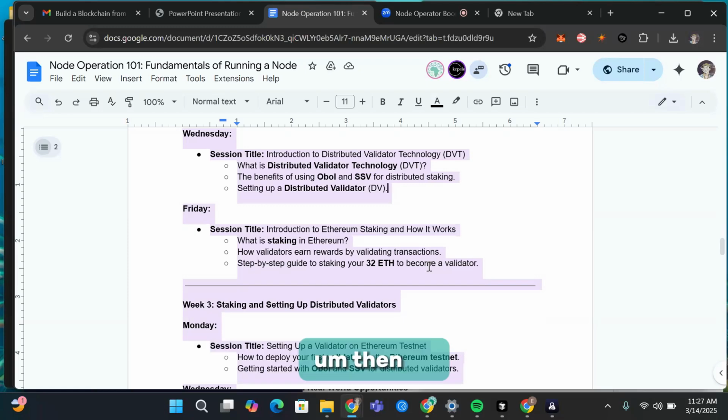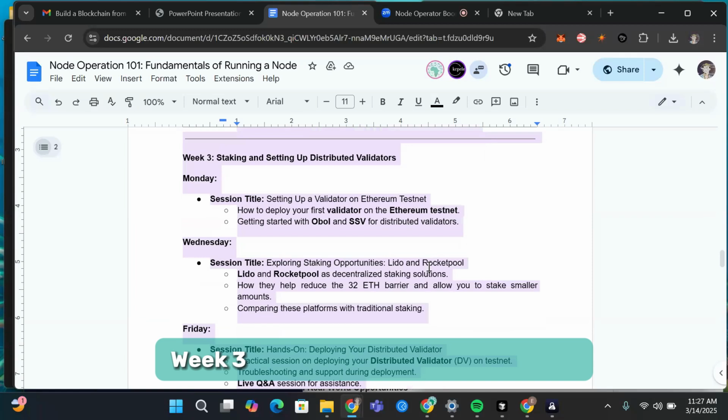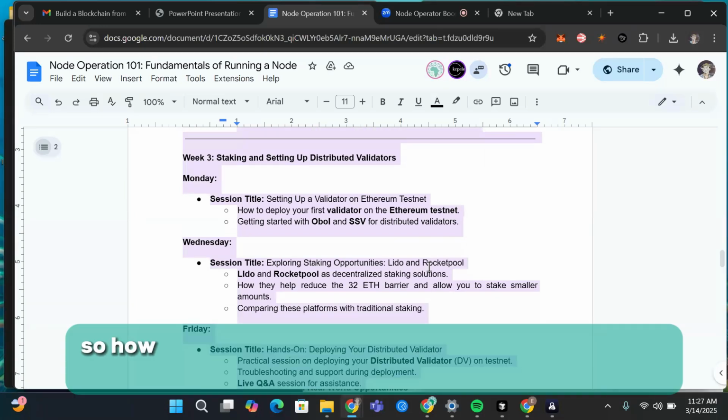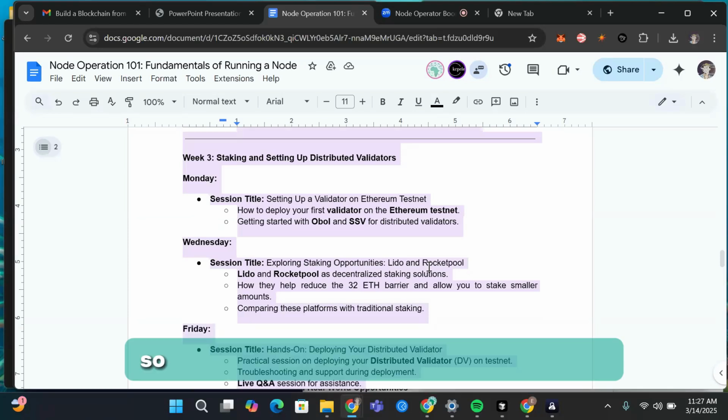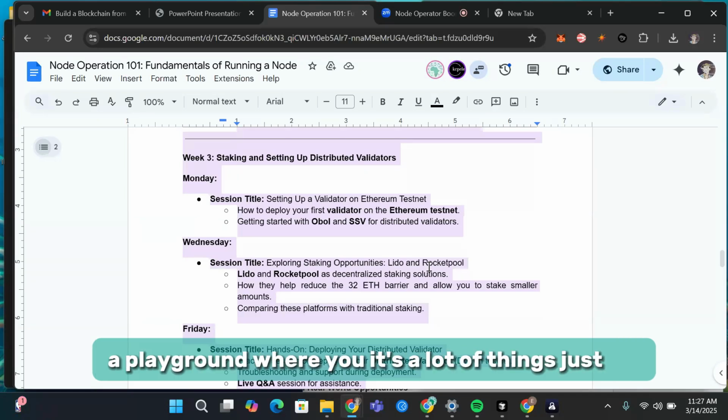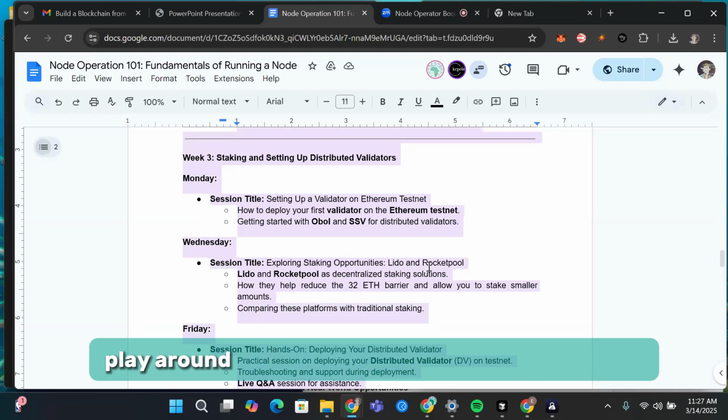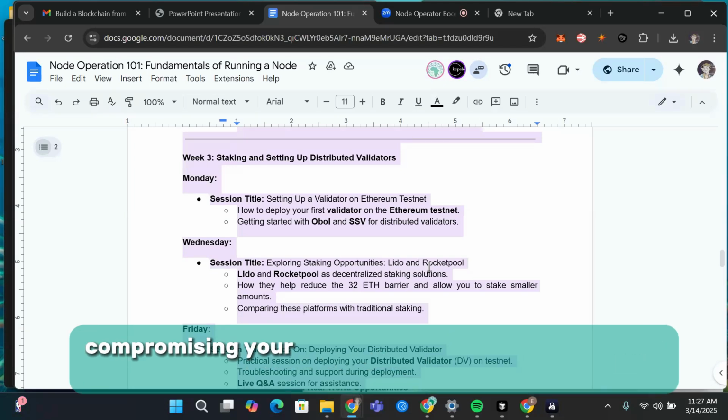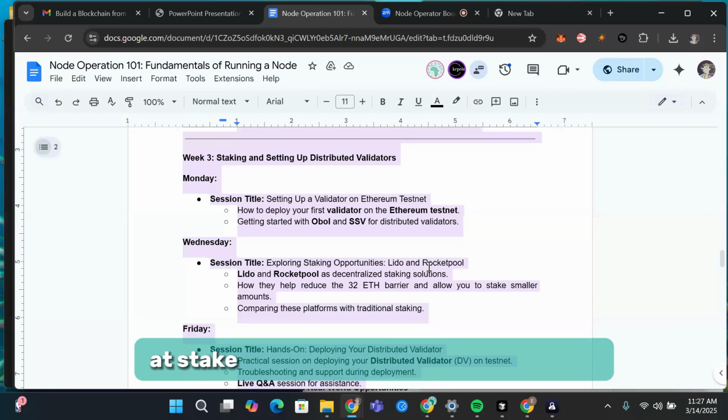Then week three will go more in depth around staking. So how you can set up your validators on the Ethereum testnet. Testnet first, because that's more like a playground where you test a lot of things, just play around without actually compromising your real funds, without putting your real money at stake.